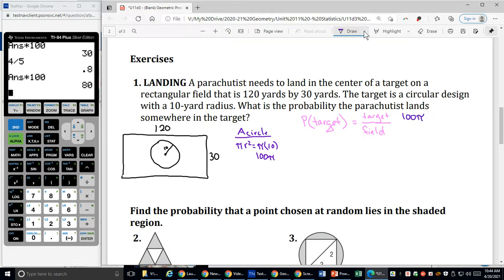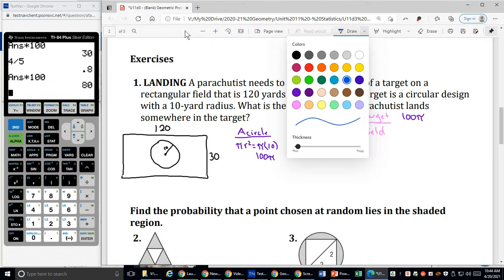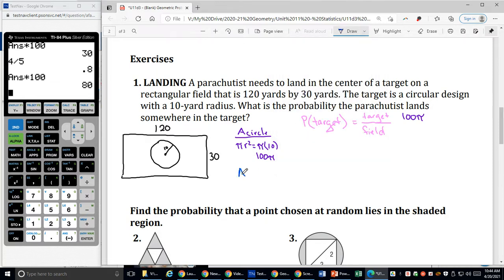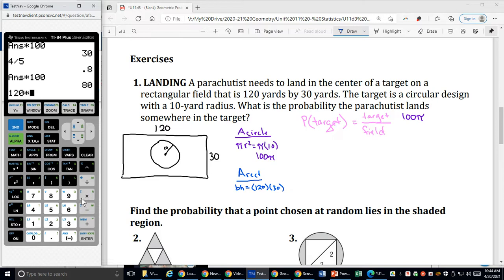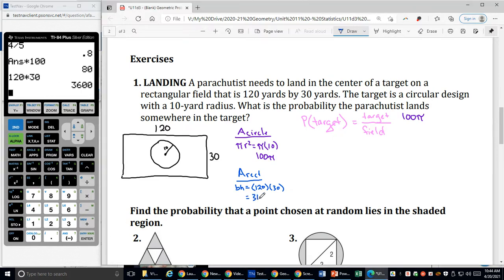Okay. Then the area of the whole field, the field is a rectangle, which is base times height. My base is 120. The height is 30. So 120 times 30 is 3,600.